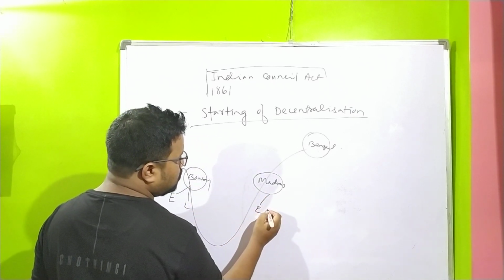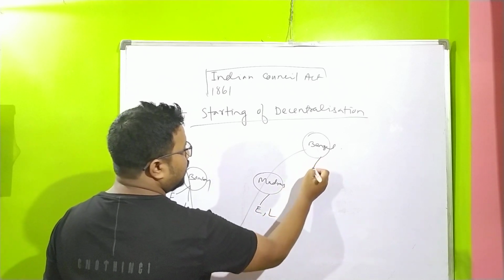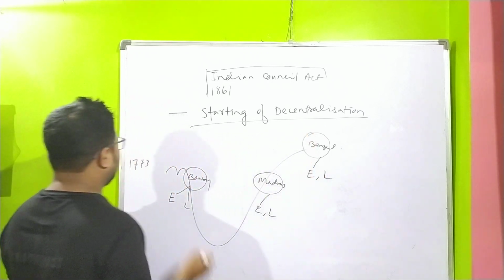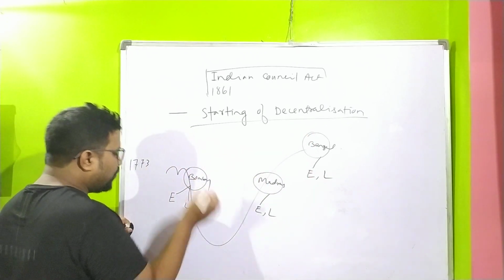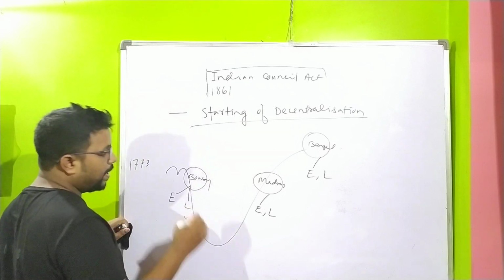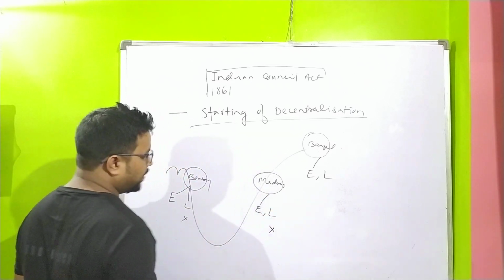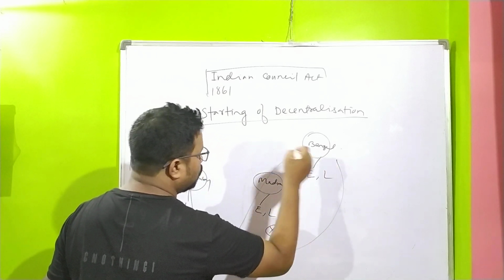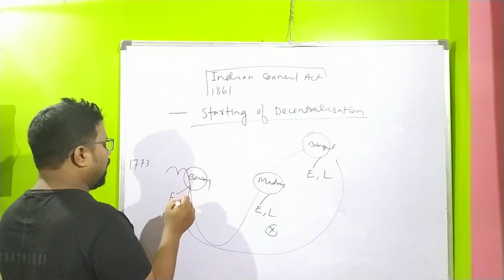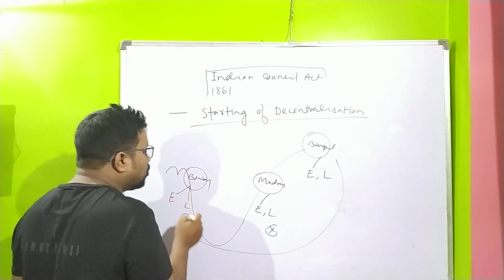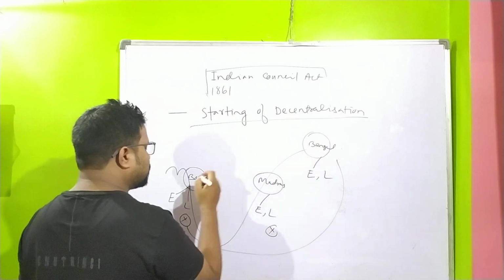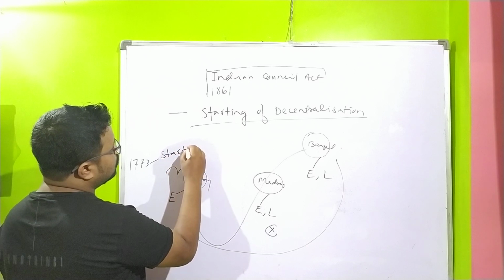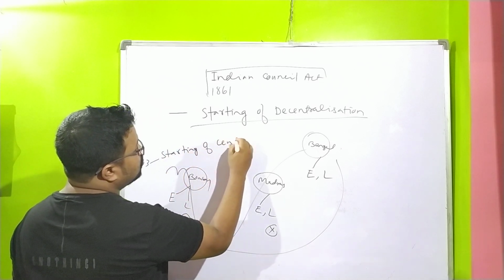In 1773, a few of the legislative powers of Bombay and Madras were curtailed and added to Bengal, and this was the starting of centralization.